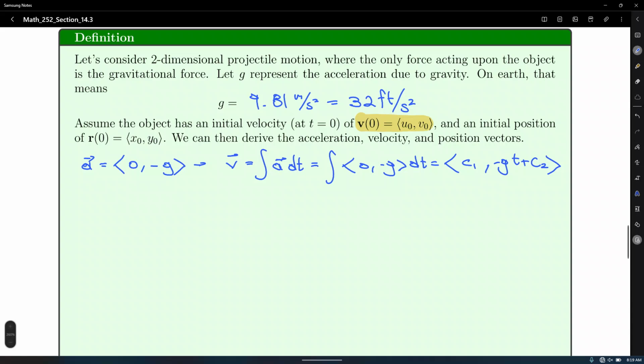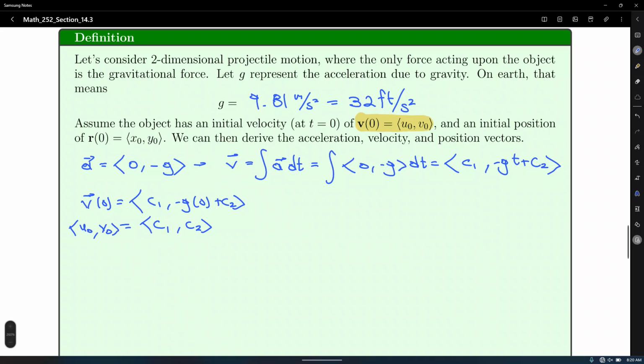So we know v of 0 equals c1, comma, negative g times 0 plus c2. That's going to give us, on the right hand side, c1, c2, but on the left hand side, v of 0 equals the vector u0, v0. Okay, so that's what it's equal to.